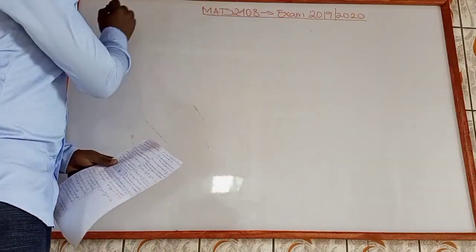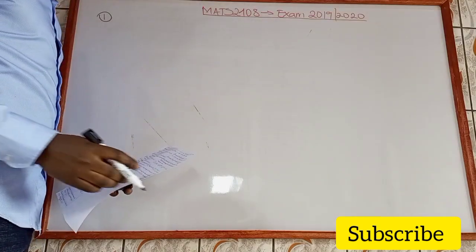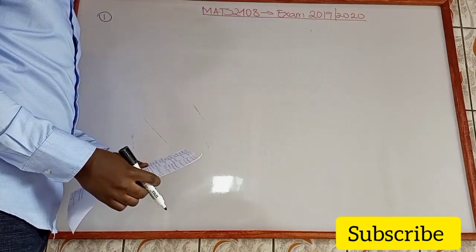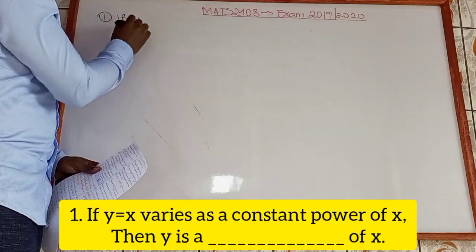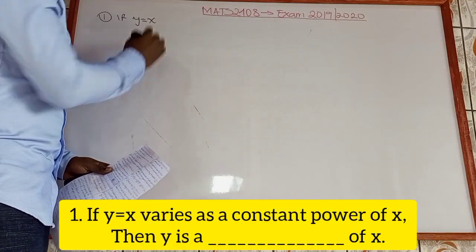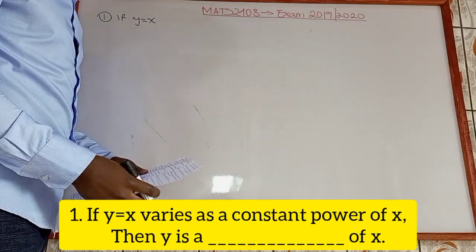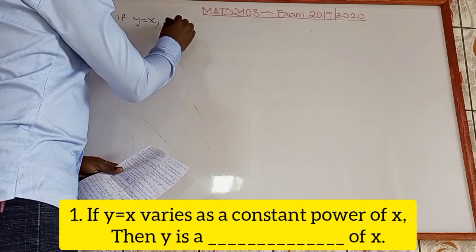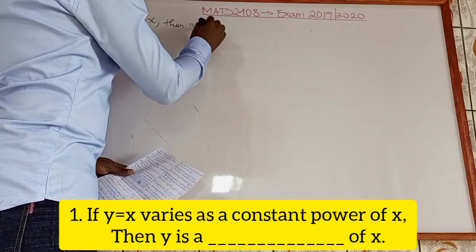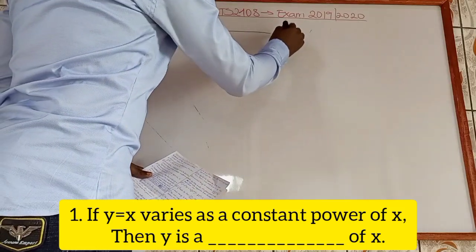Number 1, question 1 says if y varies as a constant power of x, then y is dash of x.